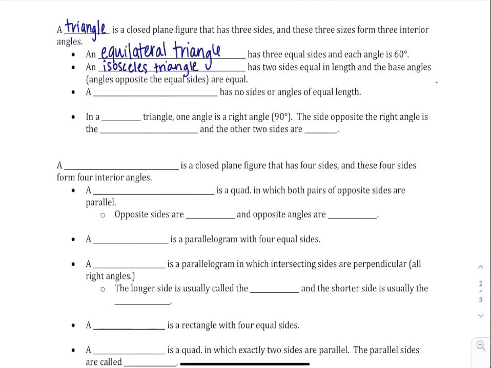And in this case, you'll have two sides that are the same, and they're sometimes marked with a little tick mark in there, and the angles opposite are going to be equal. So the angles across from them will be the equal angle. The third angle will measure something else. If you have no sides or angles of equal length, you'll call that a scalene triangle.